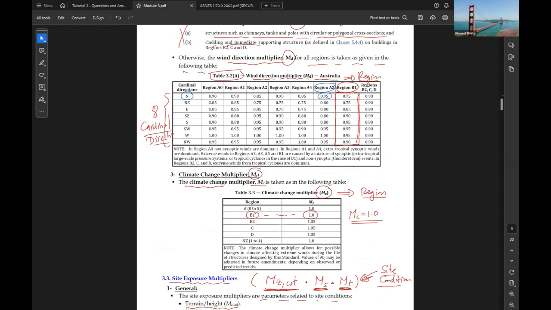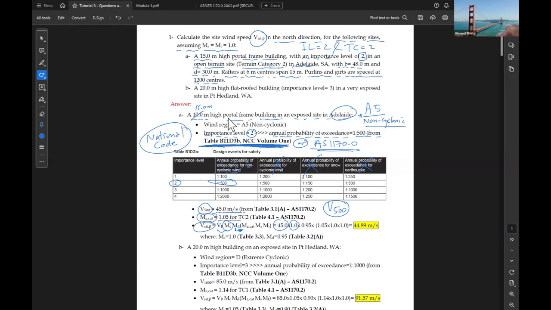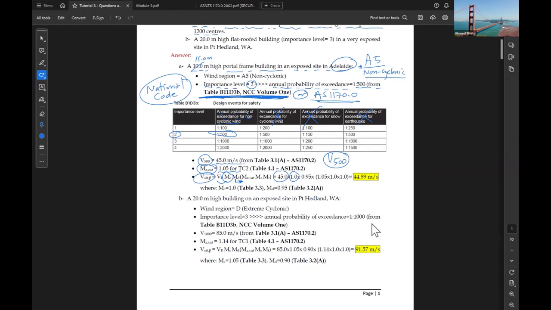So MD is 0.95. So here MD is 0.95 and mzcat is 1.05, and 1 is Ms, 1 is Mt. So the final result will be 44.89. And here is MC and MD from the tables.